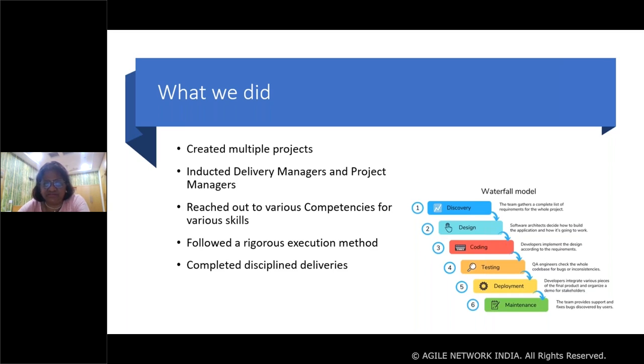All the verticals and competencies that we had in our organization, we connected with them to recruit the resources. We followed a typical execution model, which started with discovery, went to design, and we did coding and finally deployed the code, and then it came back to us for maintenance.